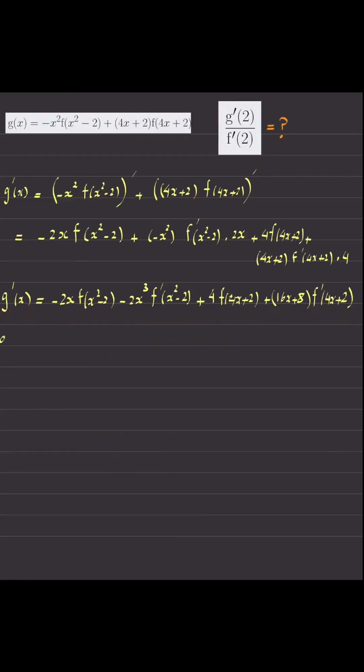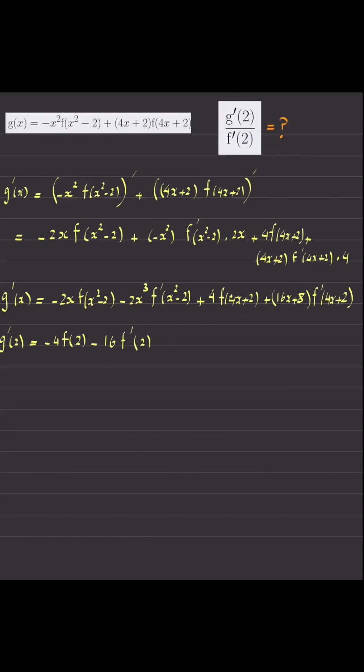So this means that g prime of 2 is equal to. So I replace x with 2, so this becomes minus 4, this becomes 4 minus 2, 2. So it becomes minus 4 f of 2. The next one, this becomes 8 times minus 2 is minus 16, and then I will have f prime of 2 again.